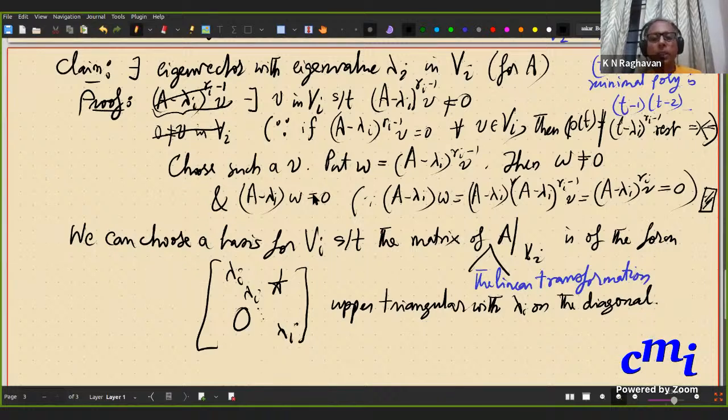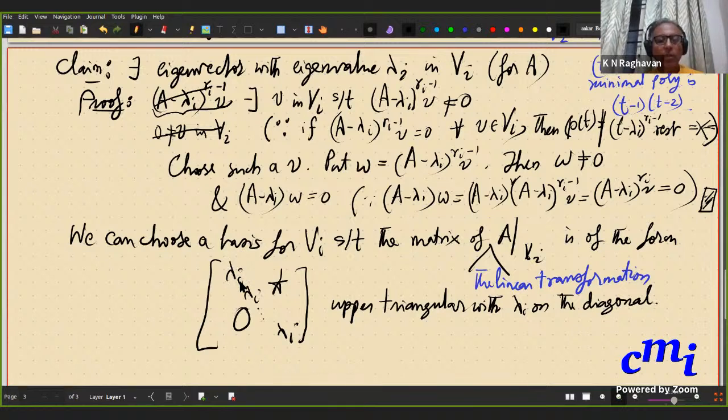The easiest way to prove such things is to think of the quotient space. You choose an eigenvector for eigenvalue lambda I, and take that to be the first vector. When you apply A on it, you get an eigenvector of eigenvalue lambda I, so A V1 is lambda I V1.